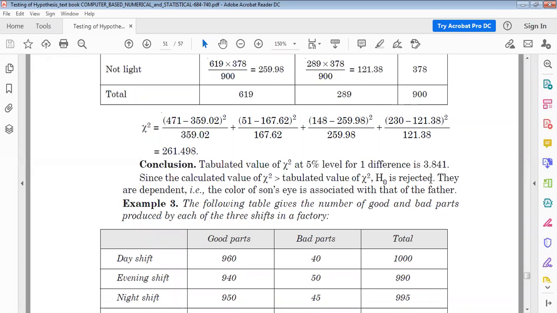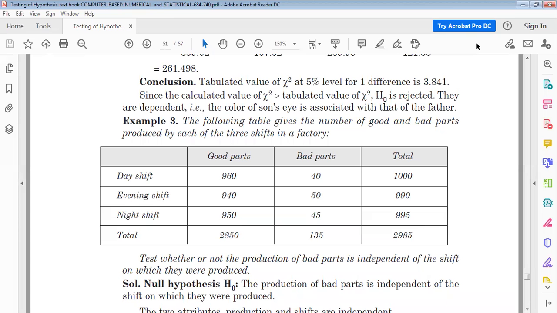That means they are dependent. That means the son's eye color depends on the father's eye color. If light, then it will be light. If not light, then it will be not light. Understand? Very interesting example. Okay, next example.